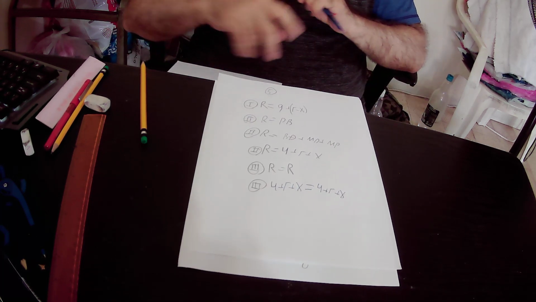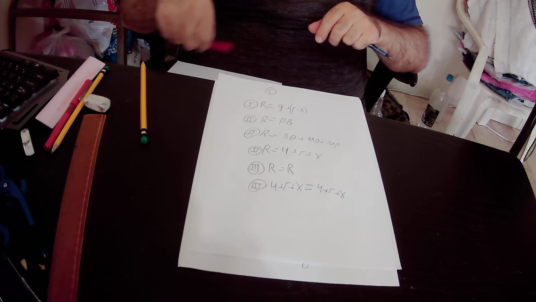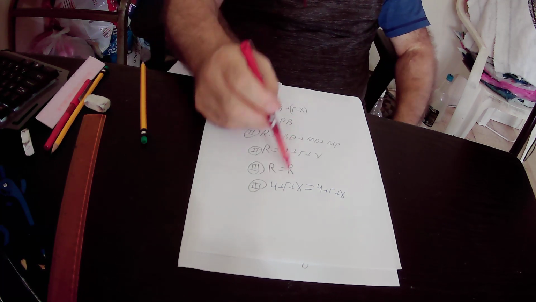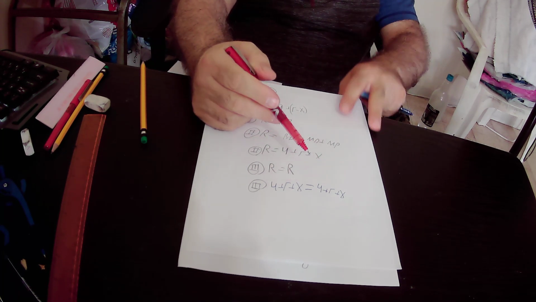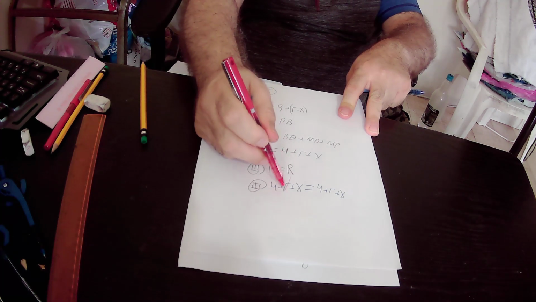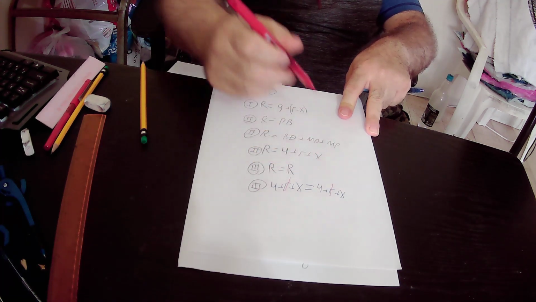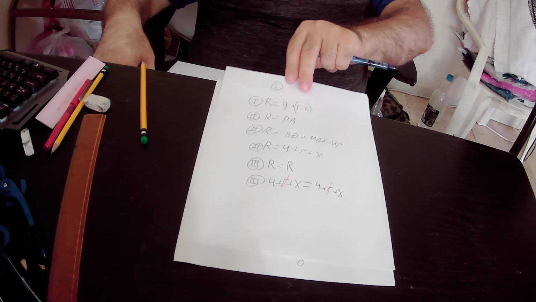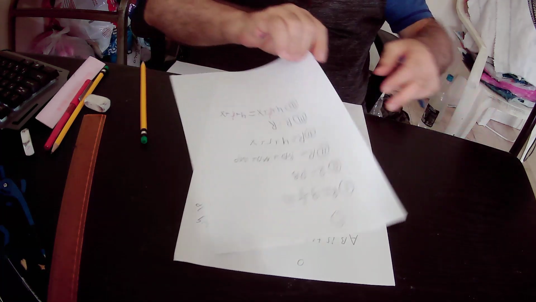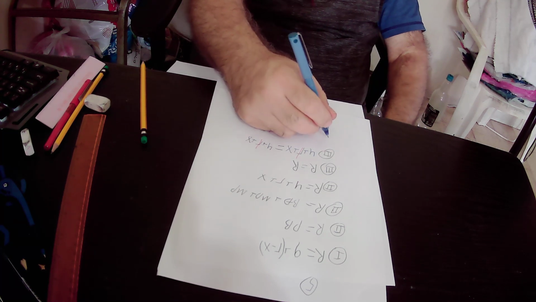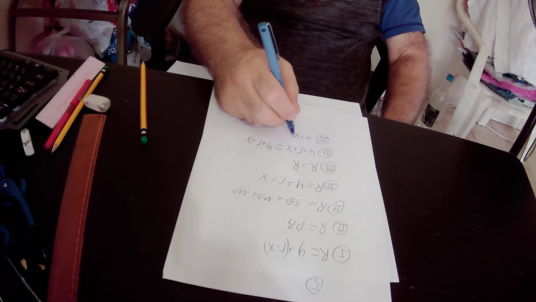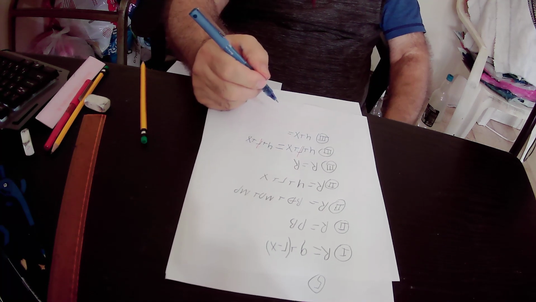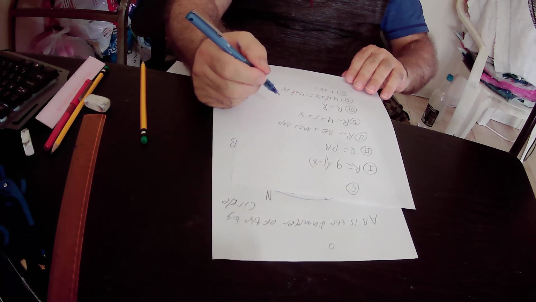Okay, we have small r on this side of the equation, and we have small r on the other side, so r is cancelled, and what is left after we cancelled small r is 4 plus x equals... there's a mistake here.